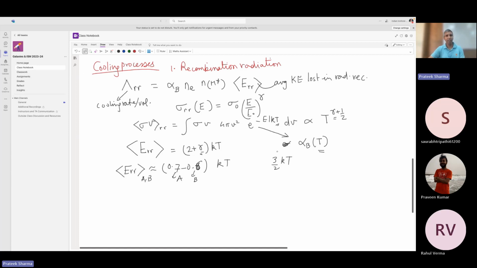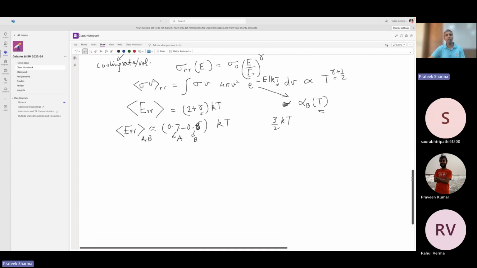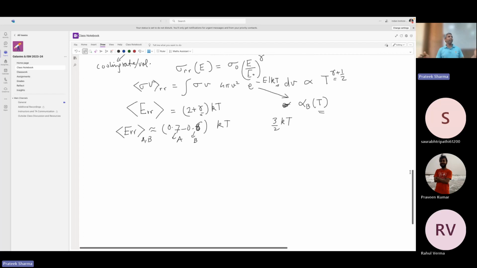Not all of it, because at high energies the cross section goes down, so those recombinations are not that efficient. Only at the lowest energies are the recombinations more predominant, so the average is dominated by the lower energy part.